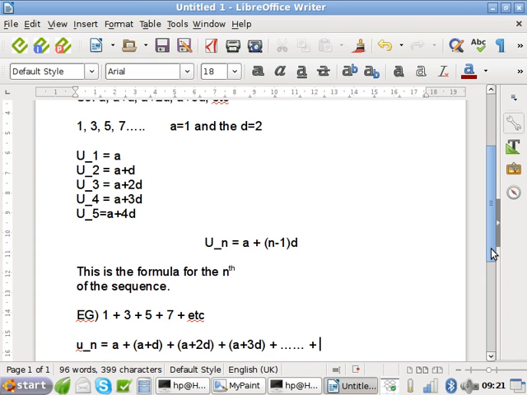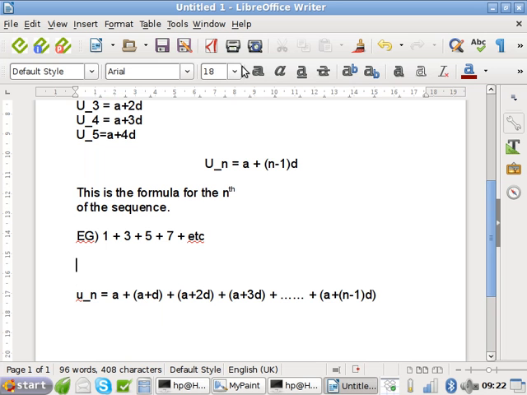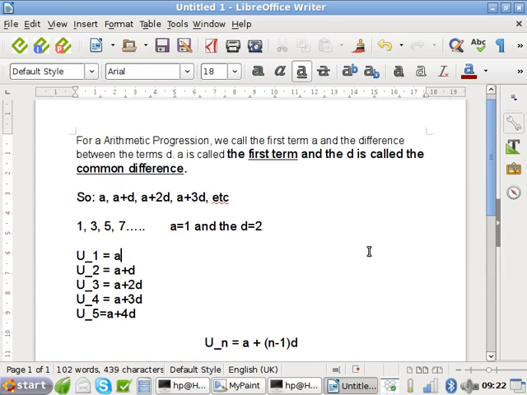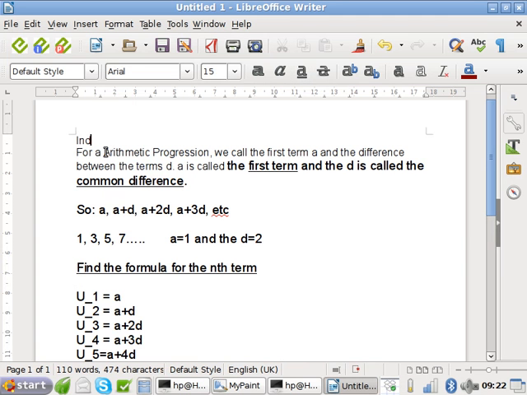A plus (n minus 1)D. Now what I'm going to do to get this formula is the proof. If you want to think of it as a new section, this is finding the formula for the series, whereas the one here is finding the formula for the nth term, and this one here is a little bit of an introduction.